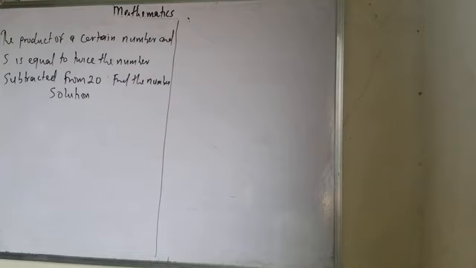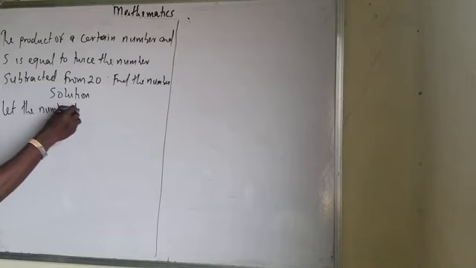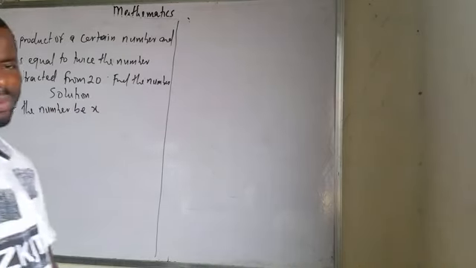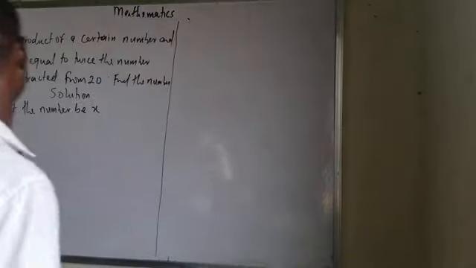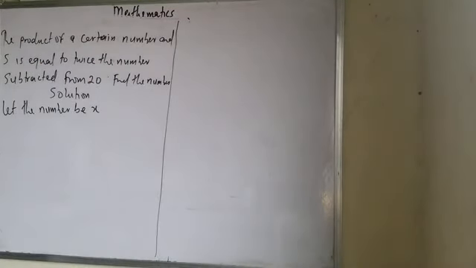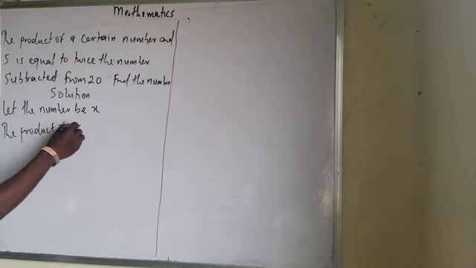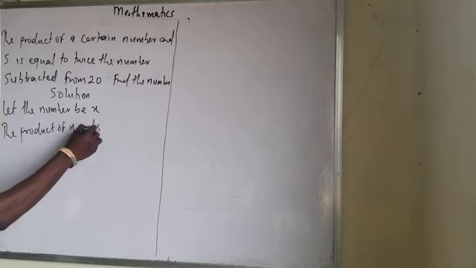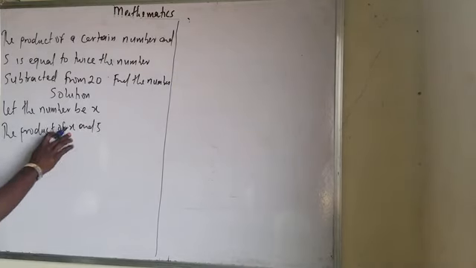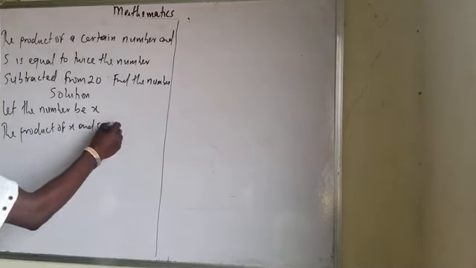Now, solution to this problem. The first thing is, I will let the number be x. That certain number, I don't know it. Let me just call it x. Now, the next thing I will do, the product of x and 5, which is the certain number and the 5, will be equal to 5x.